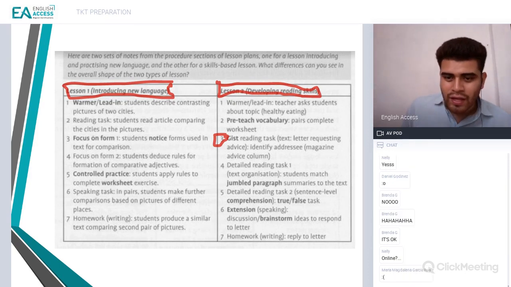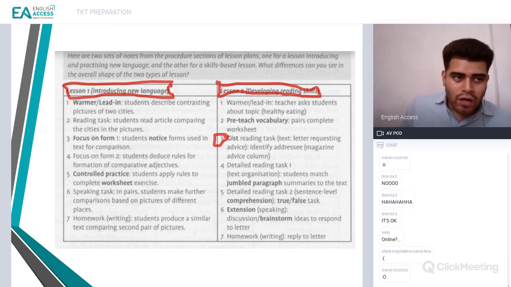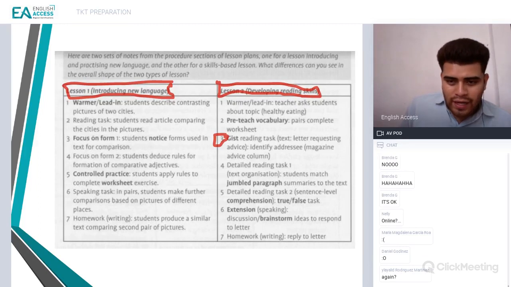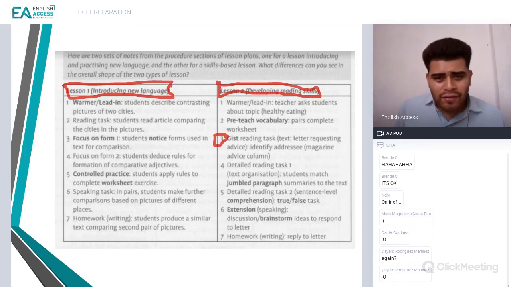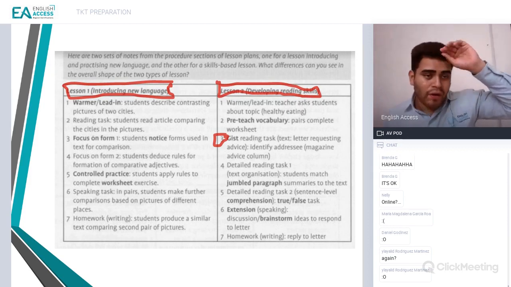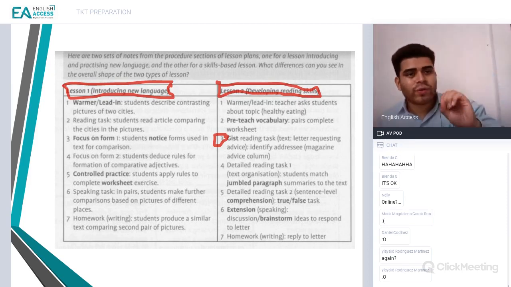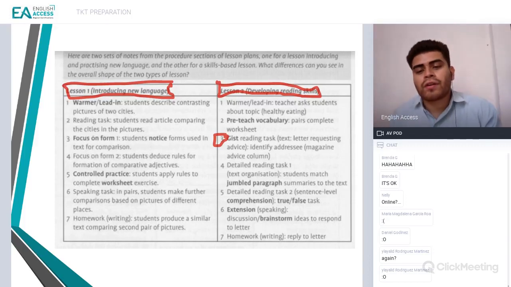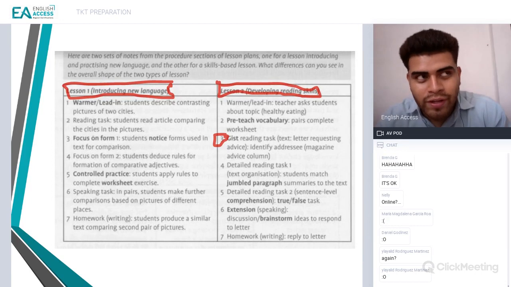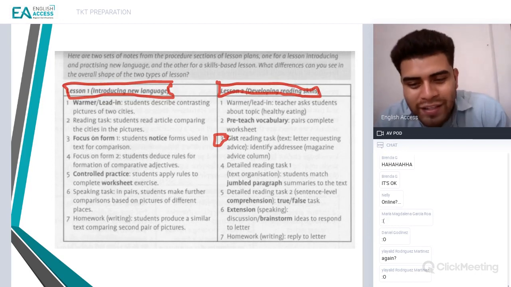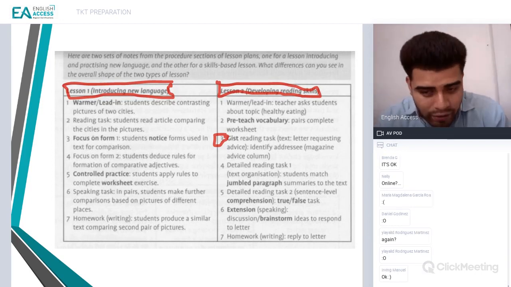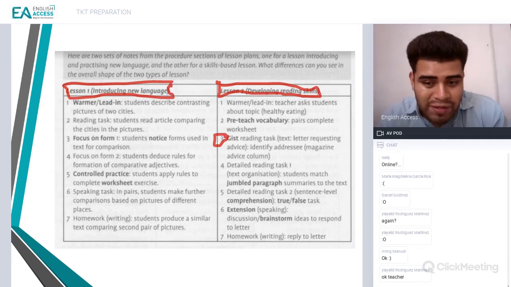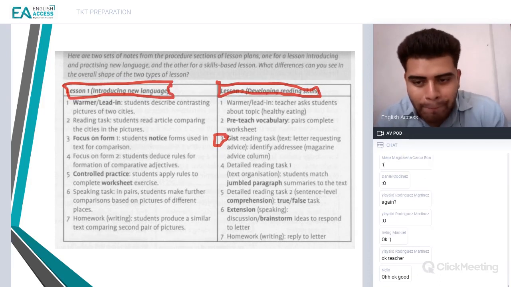Then we can check it together as a class. It's going to be online, on this platform. I'm going to send you a link, and you can click on the link, and it'll take you to the sample TKT test, and it'll give you the results immediately.